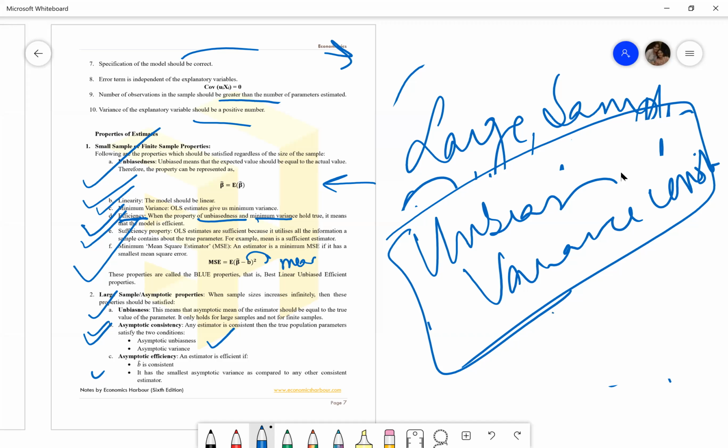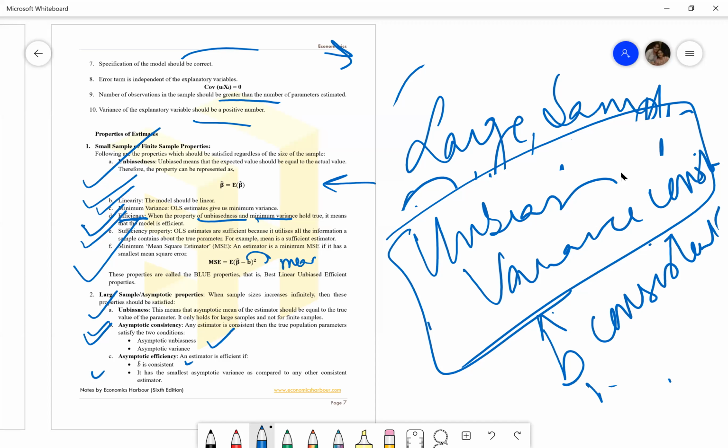And in case of large samples, you have an asymptotic efficiency. That is efficiency for large samples, or when you're adding more variables. Asymptotic is when you're adding additional variables and your model is not changing with that. So the estimates you get from large samples are called asymptotically efficient when your beta cap is consistent in nature, that again, it is not changing with additional values.